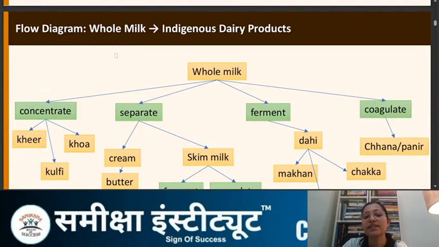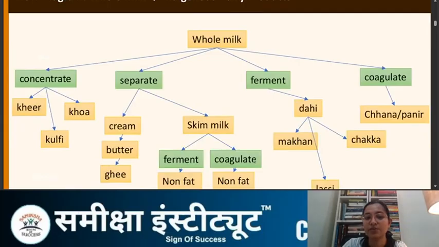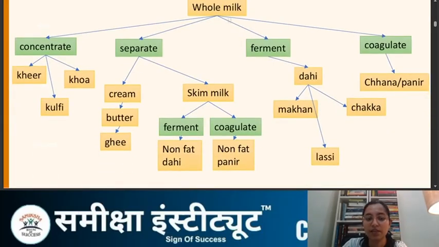So this is basically the whole flow diagram, how we obtain different kinds of products. Starting with whole milk, if we concentrate the whole milk, three kinds of products will be formed: khoya, kheer and kulfi. You already know the western corresponding products for these Indian indigenous products, so I'm not repeating them once again.